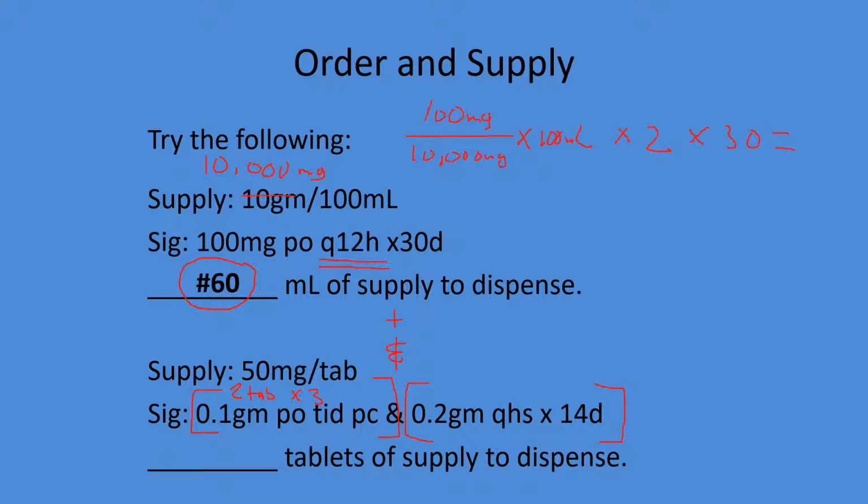And so you got to add 4 tablets at night. So that's how many in a day? That's going to be 6 plus 4 more in a day. So that's 10 a day for 14 days, which is a total of 140. So anytime you see "and," just remember you got to add.